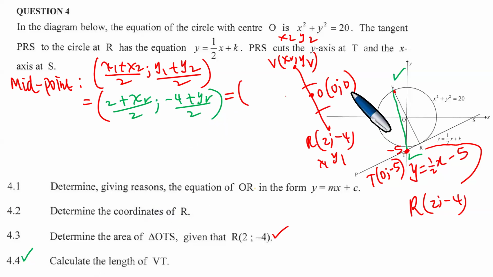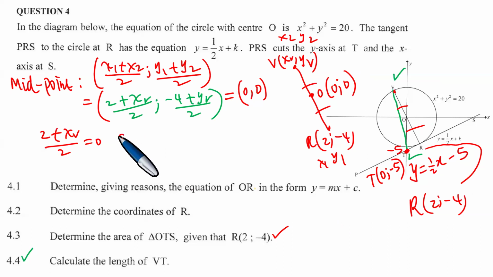Now the midpoint is the origin, which is 0 and 0. So we take x1, add x2, divide by 2. We take y1, add y2, divide by 2. This is the midpoint, equal to the origin, 0 and 0, because OR is a radius and so is OV. So we have 2 plus xV out of 2 equals 0, and -4 plus yV out of 2 equals 0.